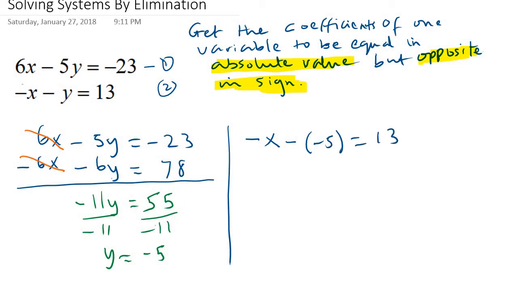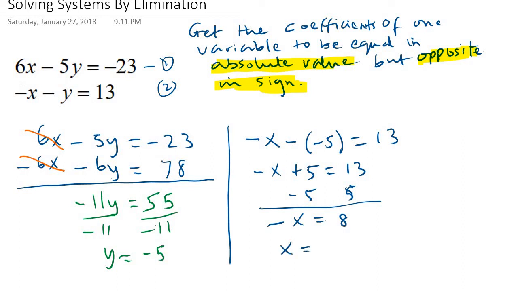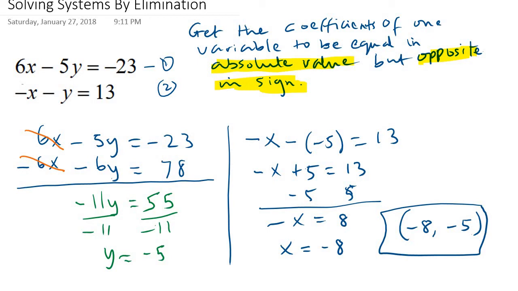So negative x plus 5 equals 13, and subtracting 5 from both sides gives me negative x equals 8, and so x will be negative 8. So the final solution to this system is negative 8 comma negative 5.